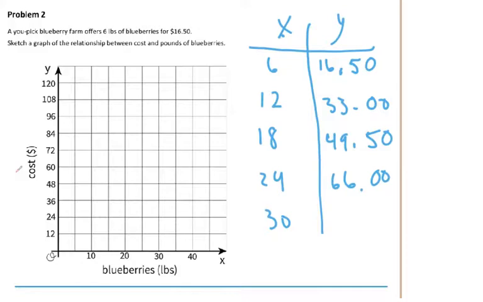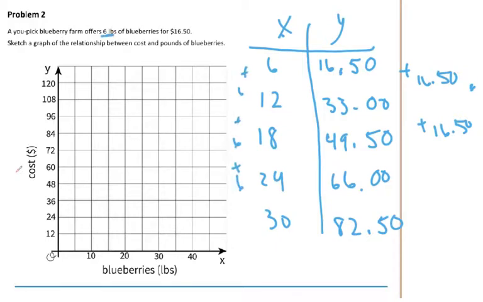And then it would be 82.50. So this is just like $16.50 plus $16.50 plus $16.50 plus, you know what I mean? Because over here I used the ratio they gave us, 6, so plus 6 plus 6 plus 6. That's how I got that chart. Anyway, in case you wanted to know.